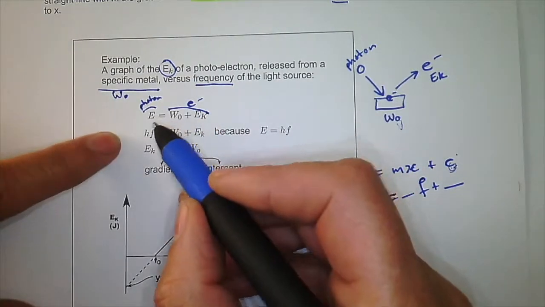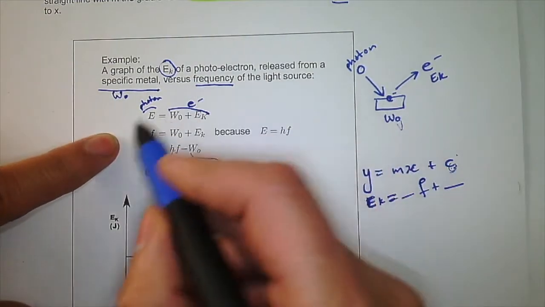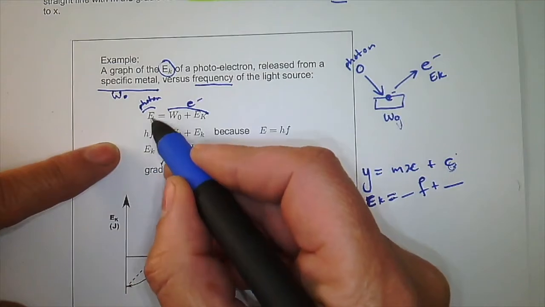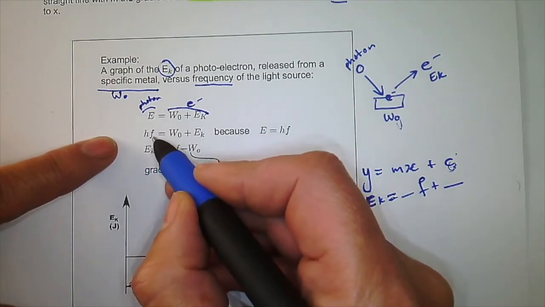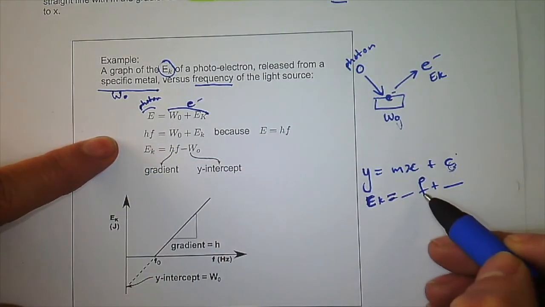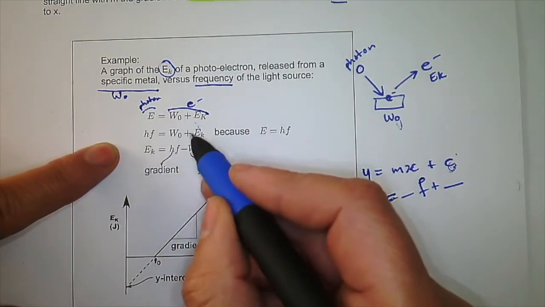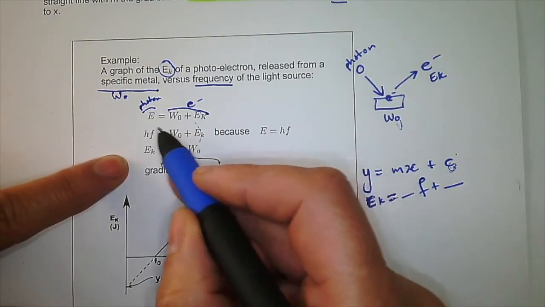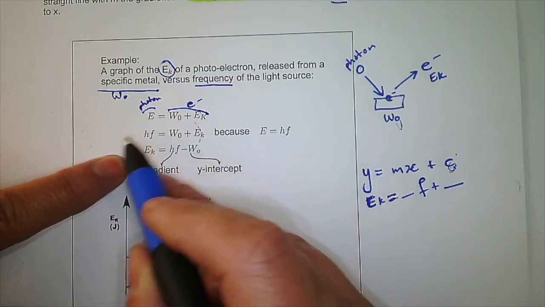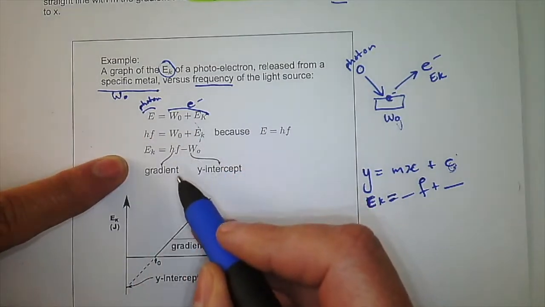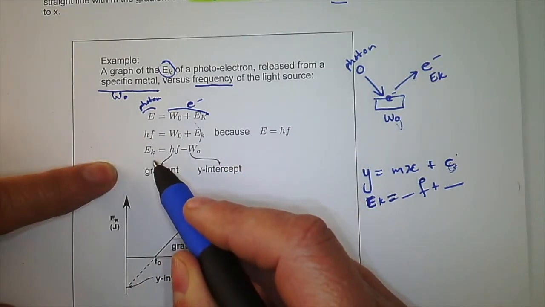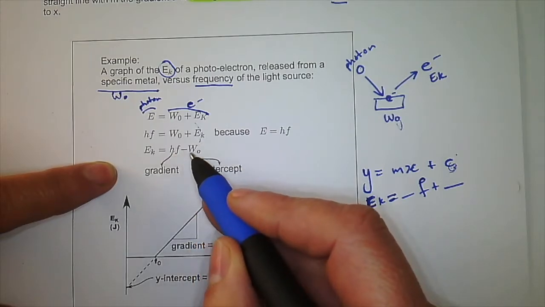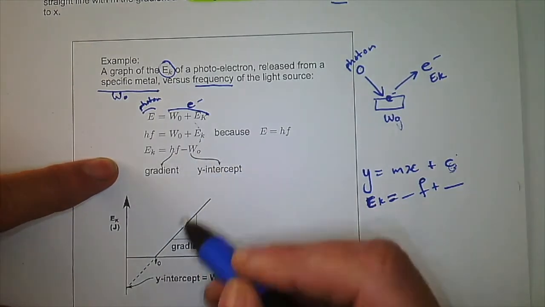Now let's see. It's the frequency of the light, and light is on the left-hand side. So I'm going to replace that with hf to get that f that I need in my equation. And then I'm going to rewrite it, taking the work function over to the other side, which makes it minus, and switch the two sides around. And I end up with the kinetic energy equals hf minus the work function.